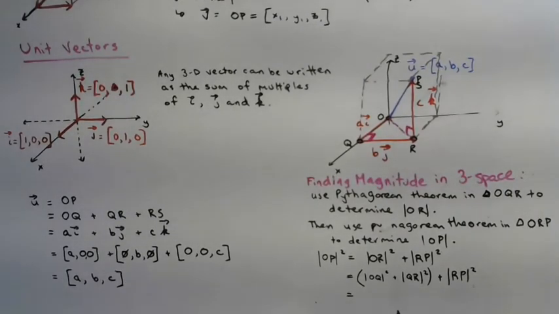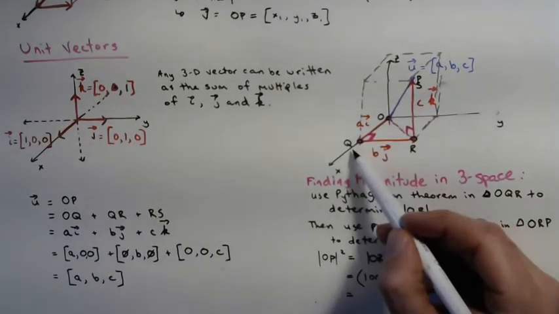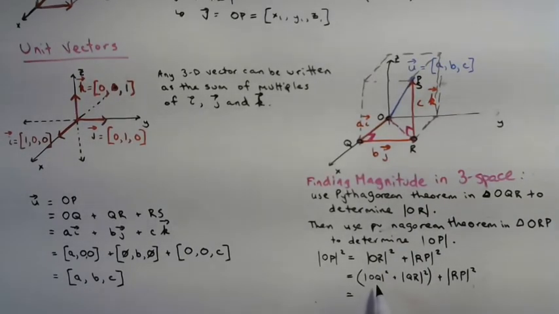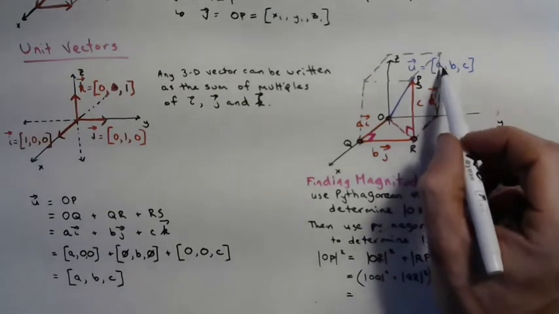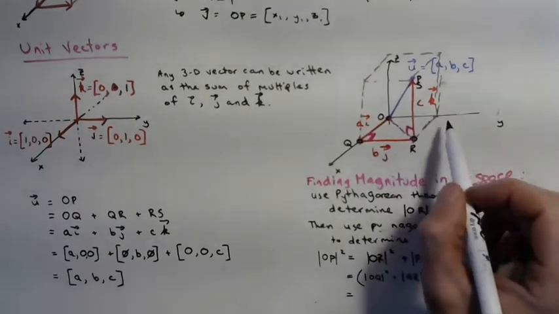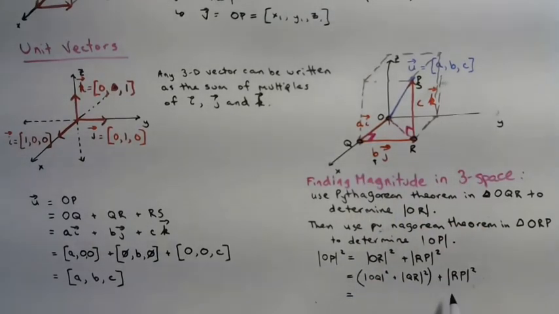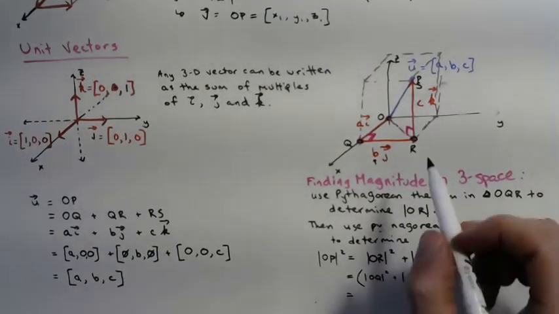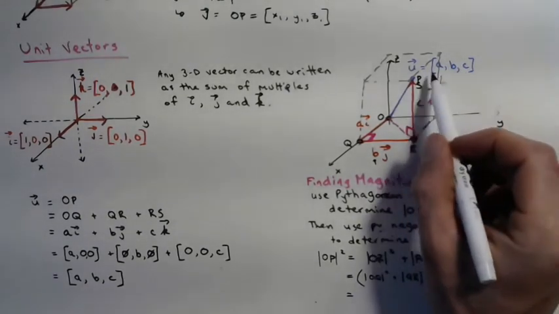Now, we also know that this vector OQ only has an x direction. So it's actually the x coordinate of our vector u, a, b, c. It is letter A. QR is the y direction right here. It is letter B. And RP is our z direction. It is letter C in the vector u.